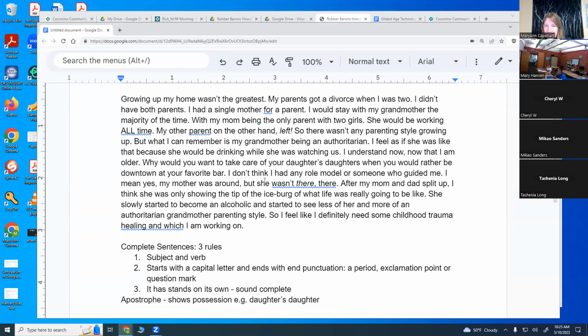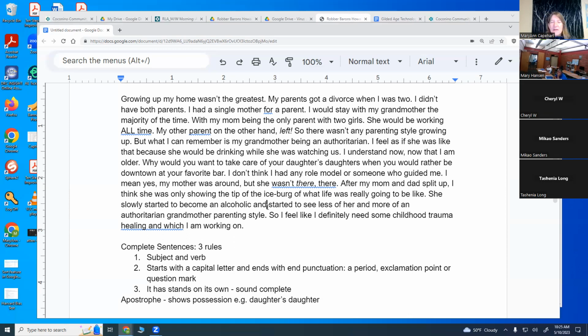So let's fix this little part here. She slowly started to become an alcoholic and started to see. Did she started to see less and less of her? Is there something missing there? I don't think that means that her mother started to see less and less of her. She started seeing. Yeah, let's add the subject in there.